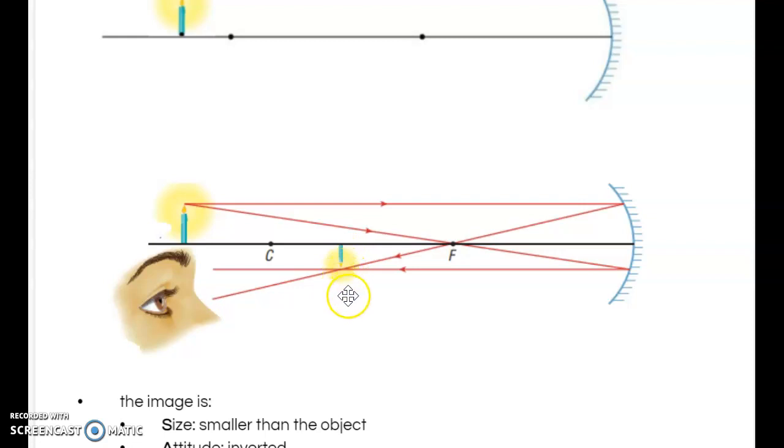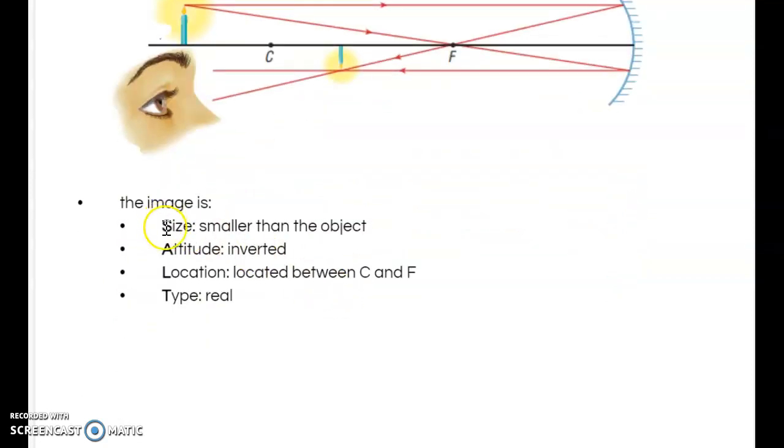If you remember from the plane mirror, we did an acronym called SALT: size, attitude, location, and type. In this case, the image is going to be smaller than the object. The attitude is inverted. The location is between C and F, and the type is a real image.